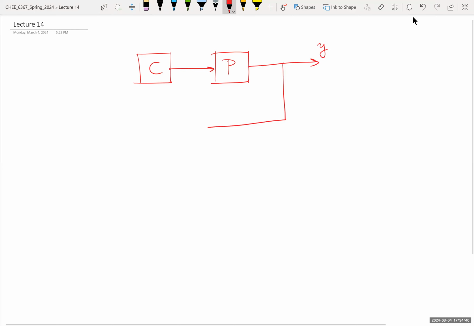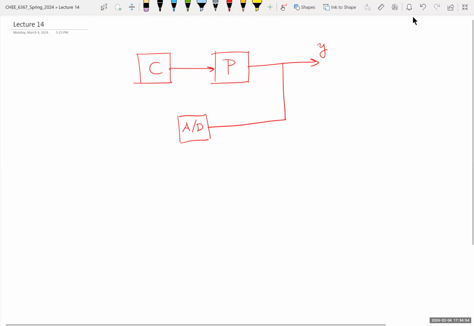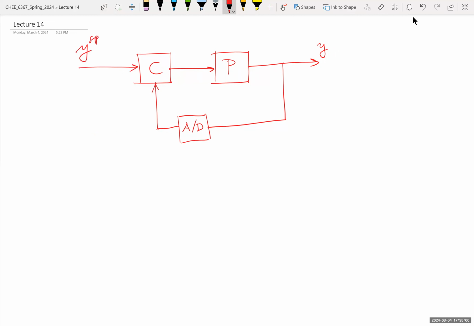We take that output, perhaps with some noise, and from continuous, we go to discrete, analog to digital. So that goes to the controller. The controller will get some commands like the set point or maybe some constraints, as we are going to see in multivariable systems.